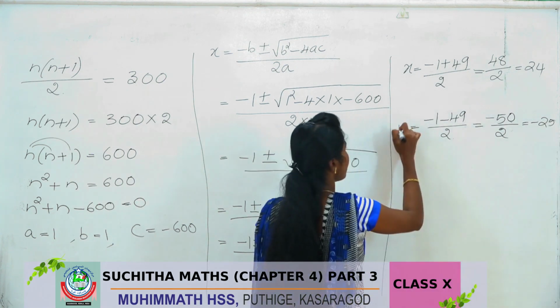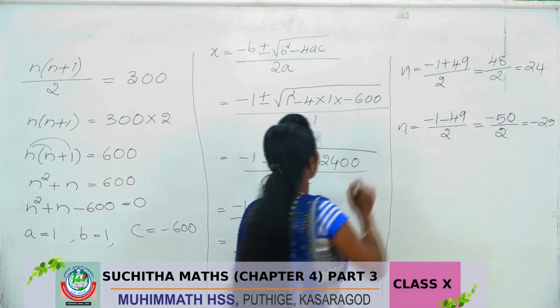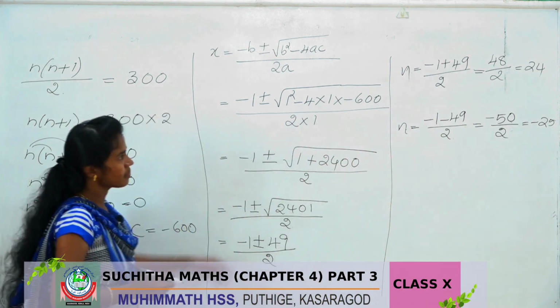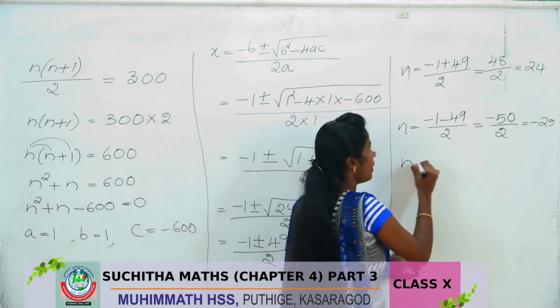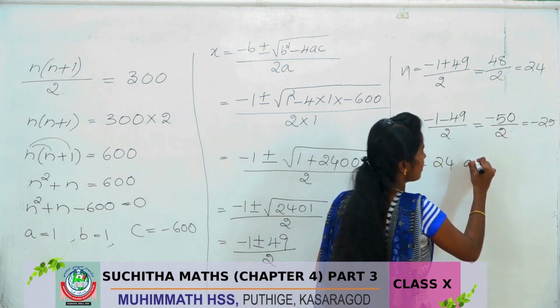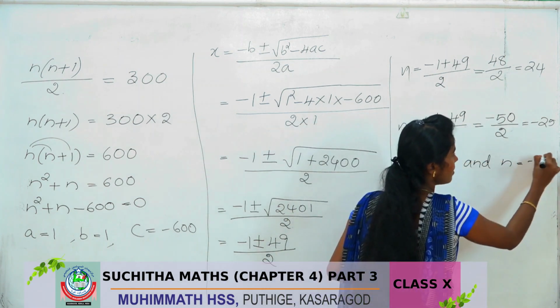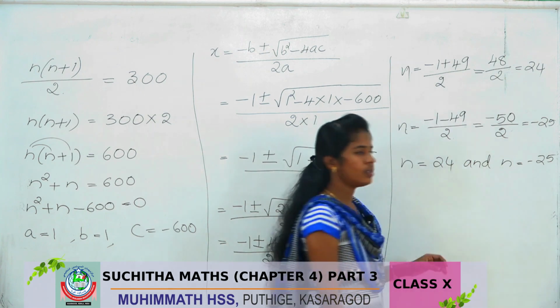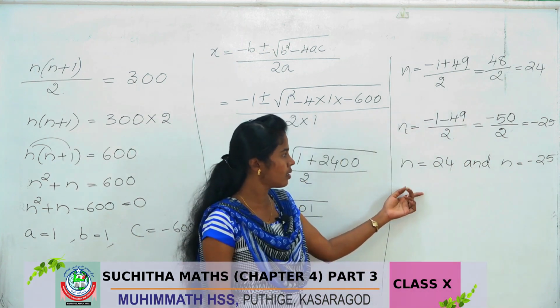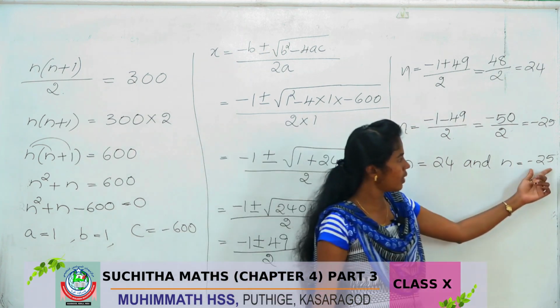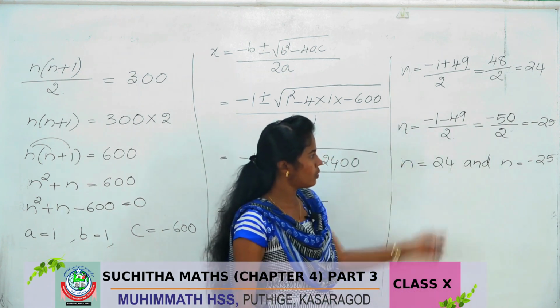Here it is not x, it is n. So there are two values: n equal to 24 and n equal to minus 25. The total number of terms cannot be negative, so we take n equal to 24.